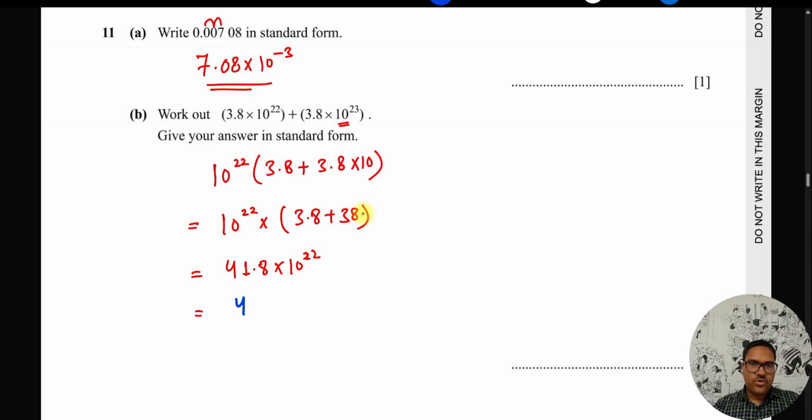Basically, this is 41.8 into 10 to the power 22. I'll divide by 10 and this will become 10 to the power 23, right? So this is 4.18 into 10 to the power 23. So that is the answer. You can check. You have to shift the decimal to the left side, so you will multiply by 10. So this will become 23.